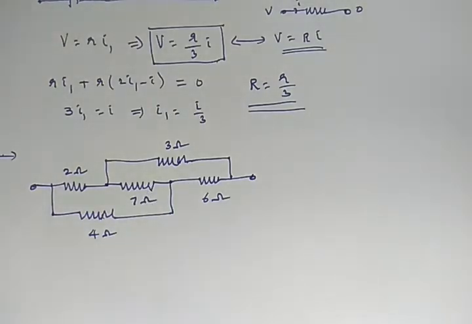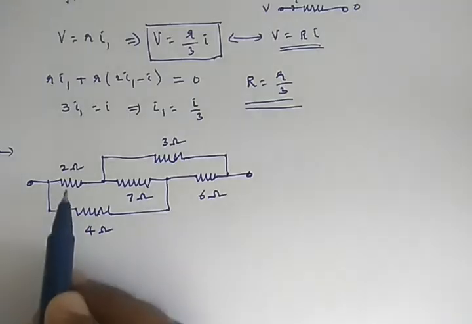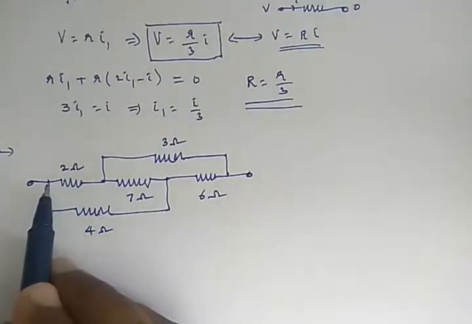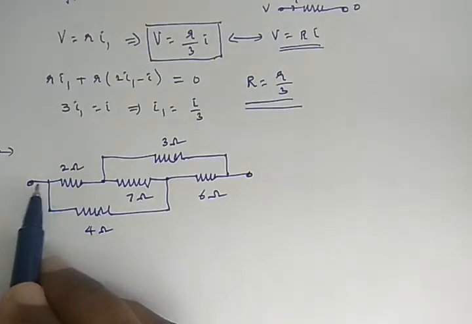You can calculate the effective resistance of this circuit by redrawing the circuit. Let us redraw it. Look at 2 ohm and 4 ohm. The first end of 4 ohm and the first end of 2 ohm are connected to the same terminal.